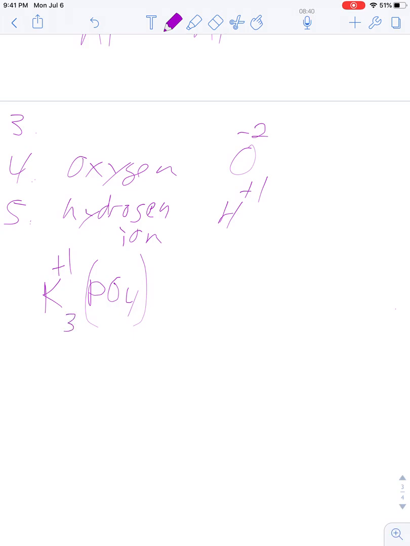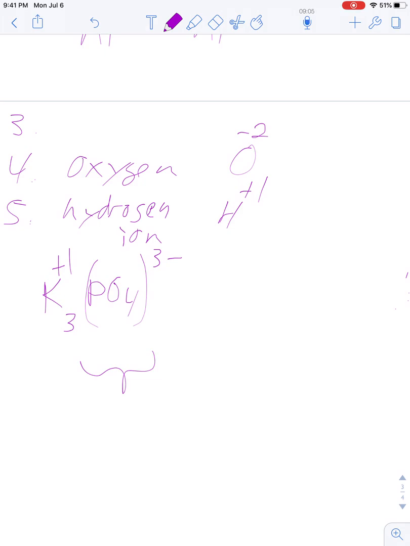There's a 3 there. Now, this entire phosphate has a charge of 3-. That phosphate definitely has a -3 charge, but that -3 charge is spread over the phosphorus and the 4 oxygens. It's not like the -3 belongs to the phosphorus or the -3 belongs to the oxygen. It's spread over all 5 of those atoms.